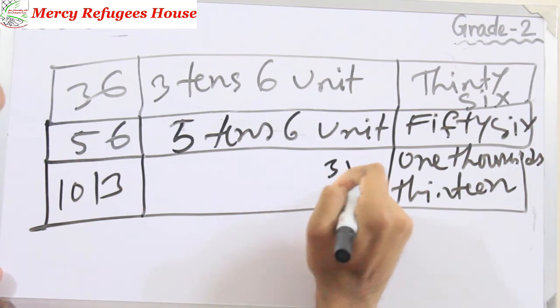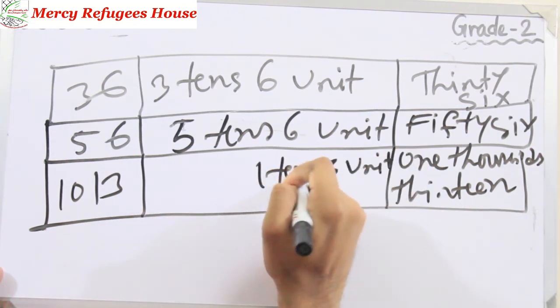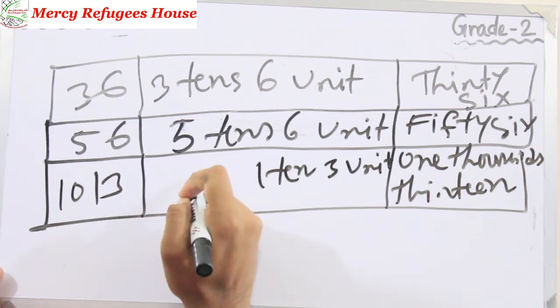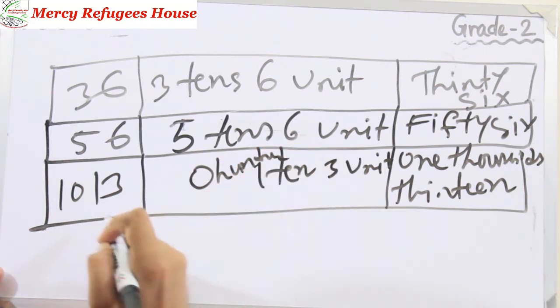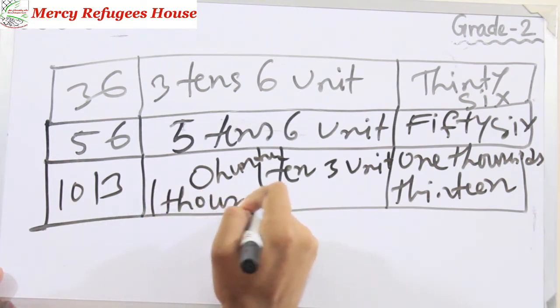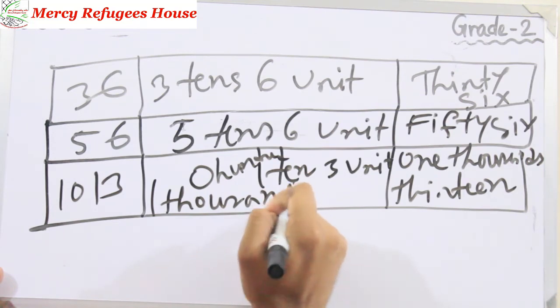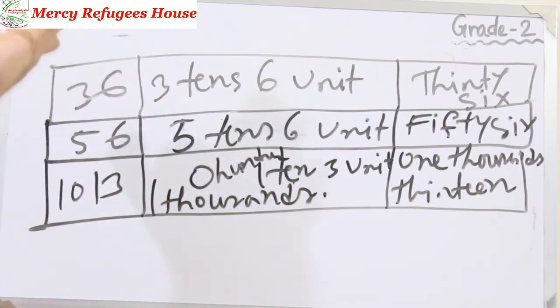The unit number is 3 units, then 10, 0 hundred, and 1000. This is how you teach them. They should fill the rest of the boxes of these exercises. If you cannot do it, you ask me. I will show the whole table.